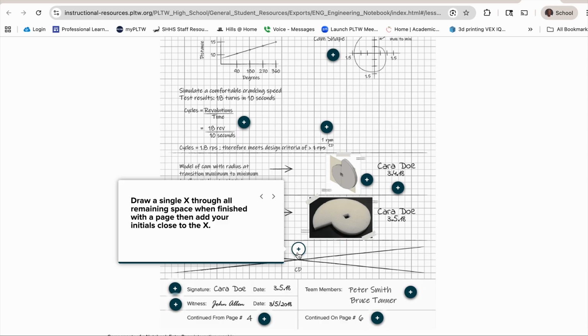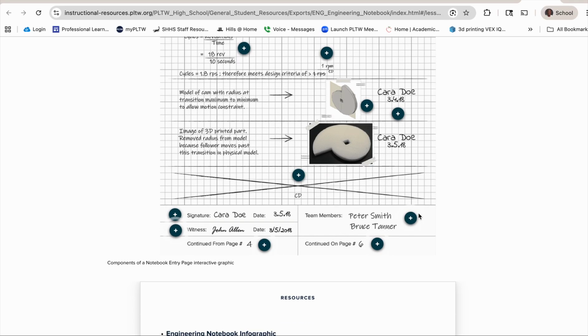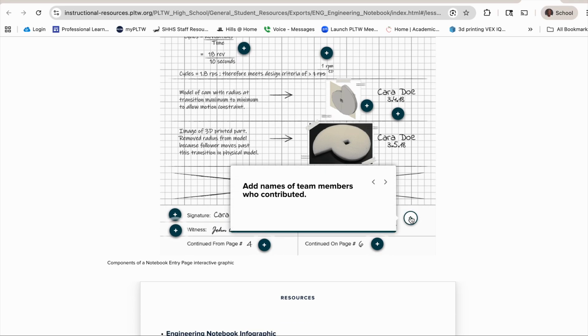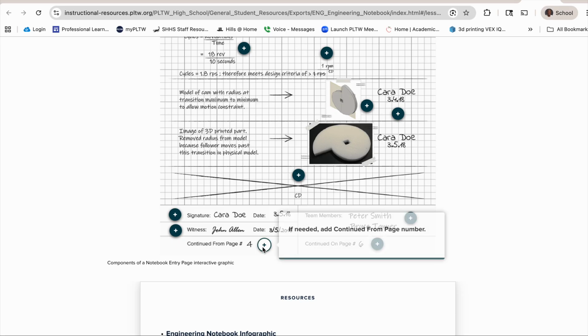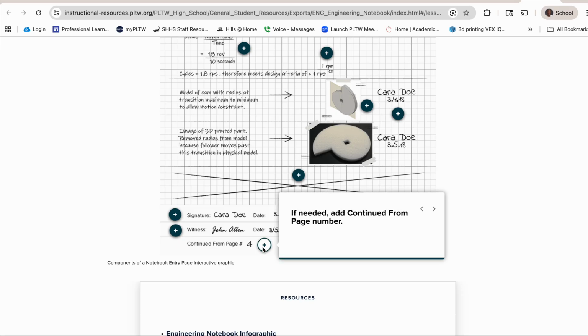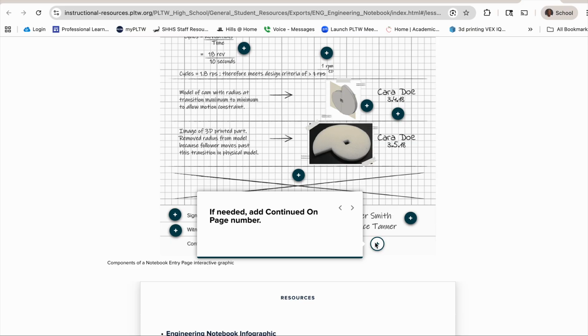If we are not going to use the rest of the page, we can sign and date. If we're working in groups, if we need a witness, most times we won't worry about that. If we started on a previous page, we're going to continue on another page.